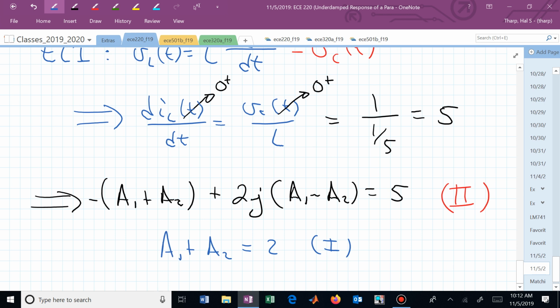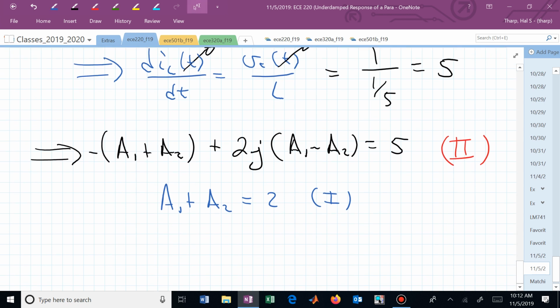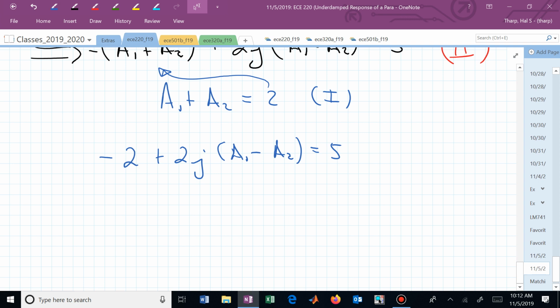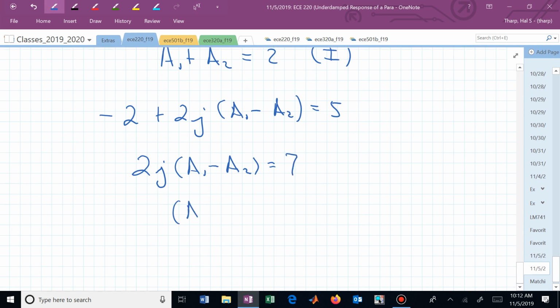That was equation 1 from before. And we have an A1 plus an A2 up there. Maybe we can simplify things a little bit. We can now put this in there and maybe clean up the second equation a little bit. We can now say we have minus 2 plus 2J A1 minus A2 is equal to 5, or 2J A1 minus A2 is equal to 7, or A1 minus A2 is now 7 divided by 2J.